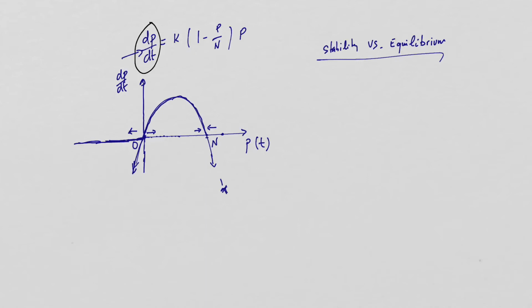So what we discover here is this point, p equals 0, and p equals n, are called points of equilibrium. However, if you pay attention to the arrows, when p equals n, which is a point of equilibrium, the arrows seem to head toward one another. That is called a stable point.